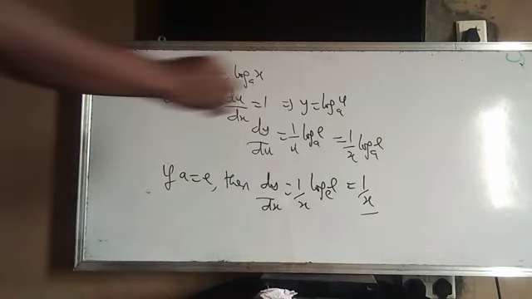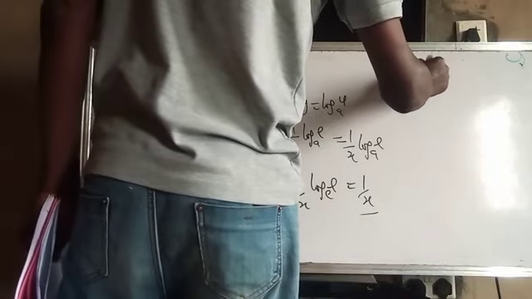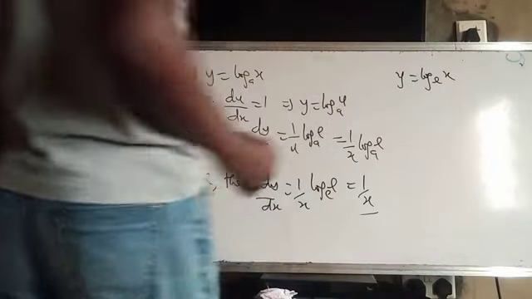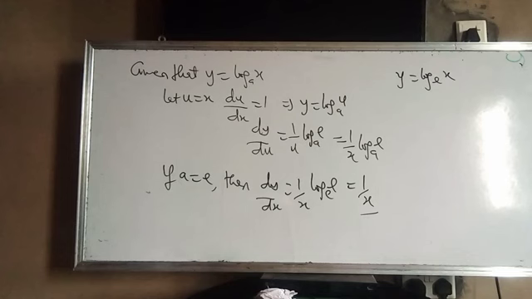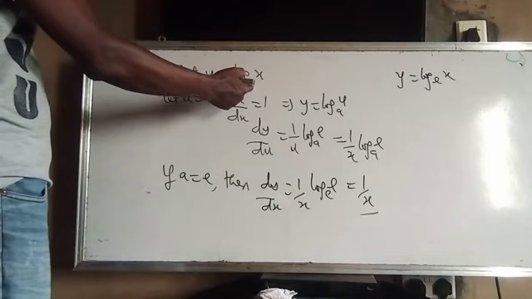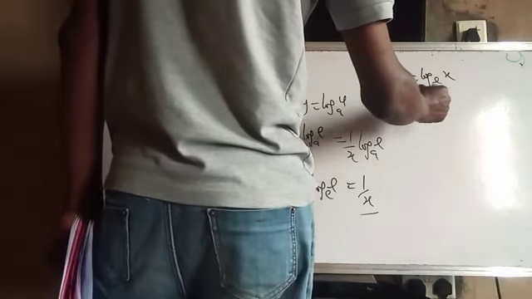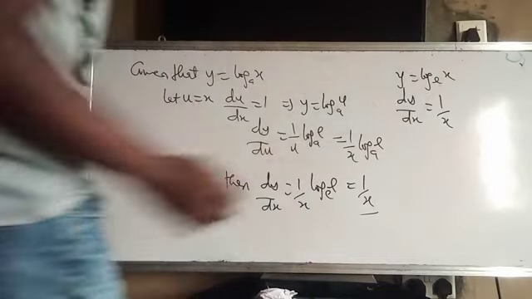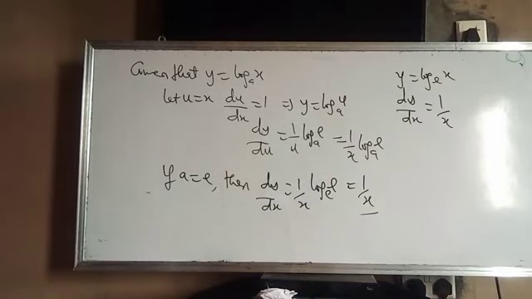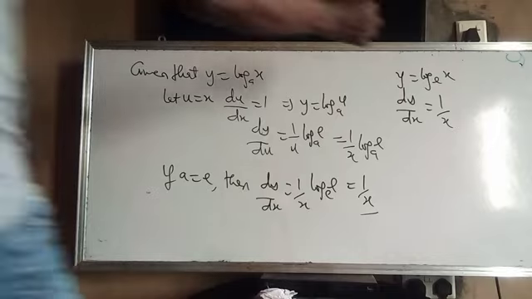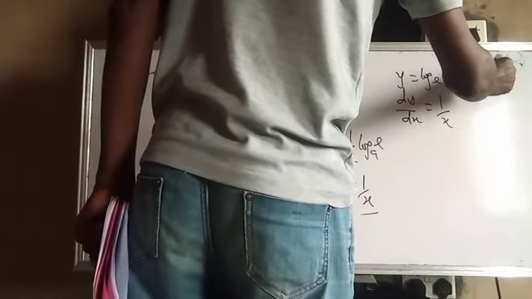So now we have y is equals to log x base e. If our a now becomes e, then dy/dx will be equals to 1 all over x, which is same thing as ln x.